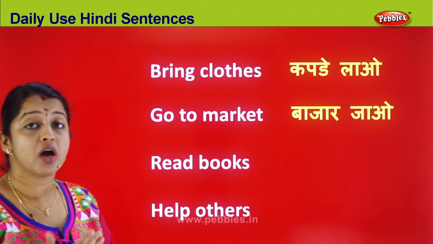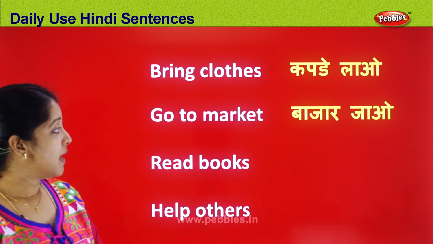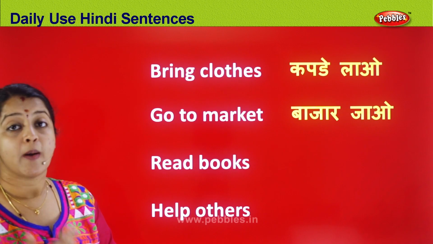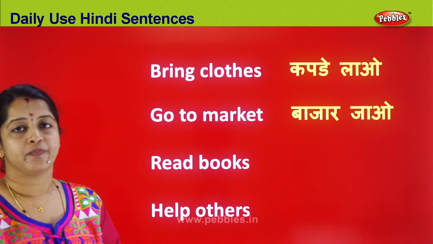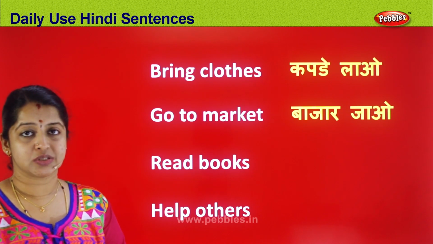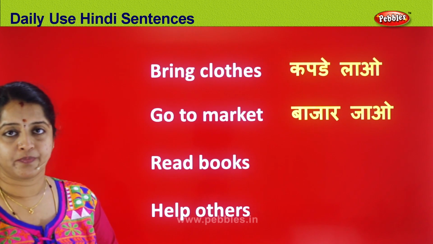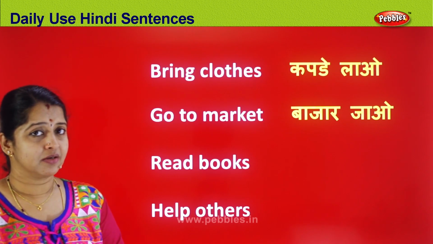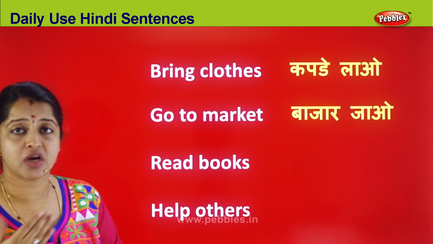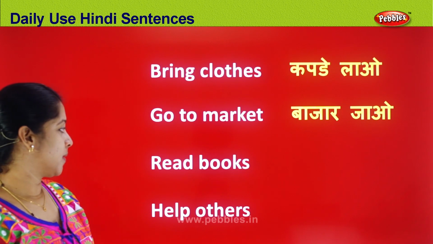Bazaar jao. So bazaar means market and jao means go. I have to say Raghav go to market. I would say Raghav bazaar jao. If I have to say to my brother, I would say Bhai bazaar jao. Alright. So let's see the next one.